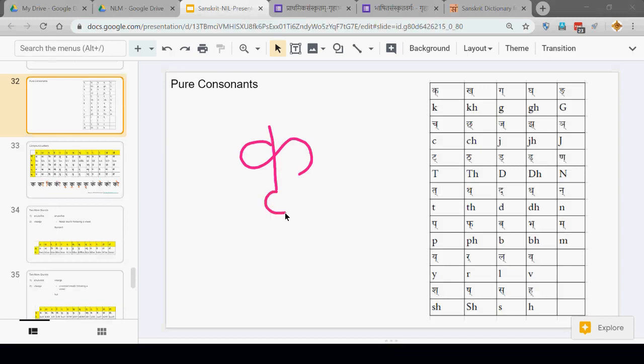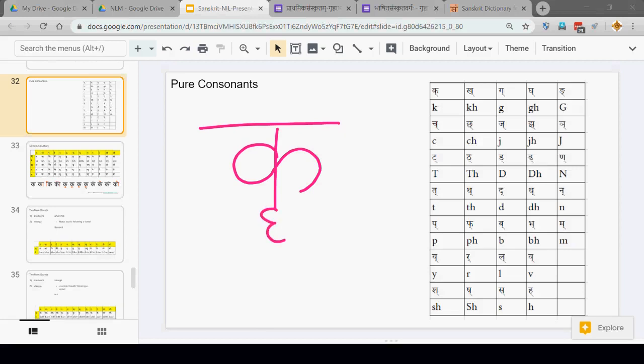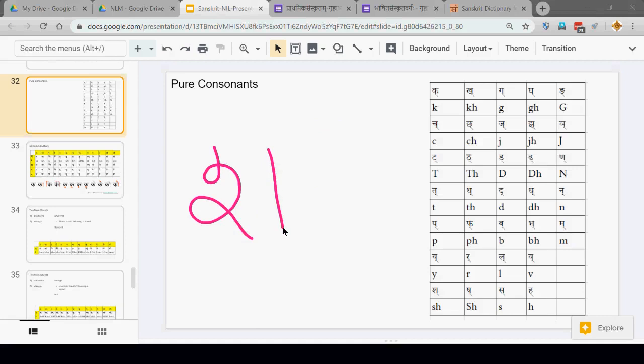For short ru, we are just using one short c there. For long ru, we are using two c's at the bottom. They are small. They should not be too big, because suppose the base symbol is written like this and hanging, they should be small ones here. Crew, same thing with shrew.